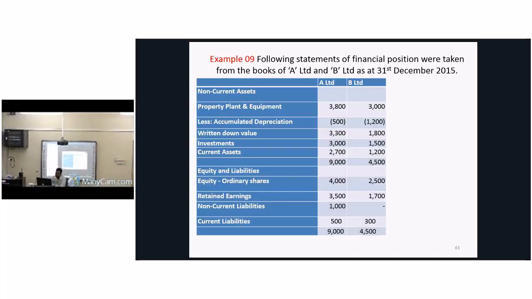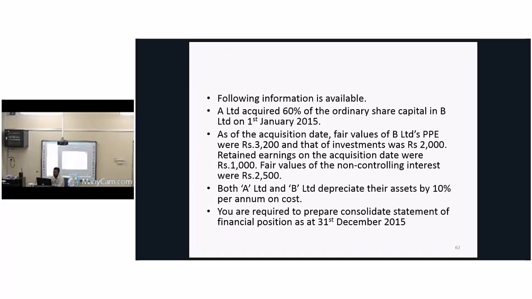Okay, let's start with example number 9. There are two entities, A and B, and their statements of financial position are given. And now there is a set of adjustments. It is a 60% purchase of the subsidiary, it's very clear.